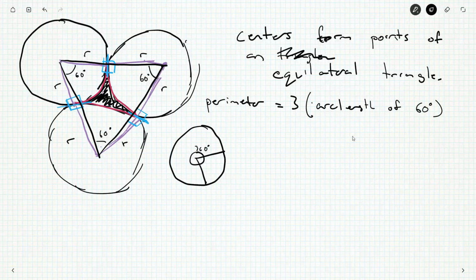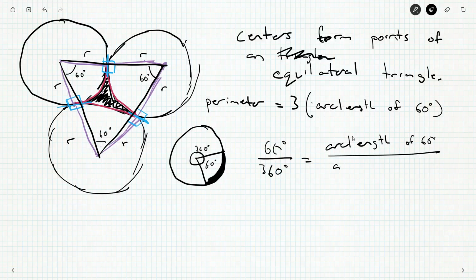So if we wanted to talk about the full perimeter or the circumference, we'd have the full 360 degrees. If we just want a portion of that circumference, a pie slice of 60 degrees, then 60 degrees over 360 degrees has the exact same ratio as the arc length of 60 degrees over the arc length of 360 degrees.